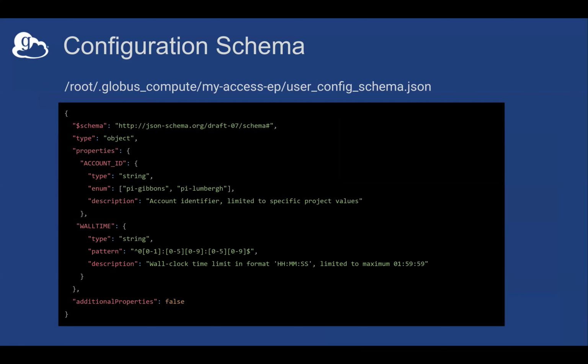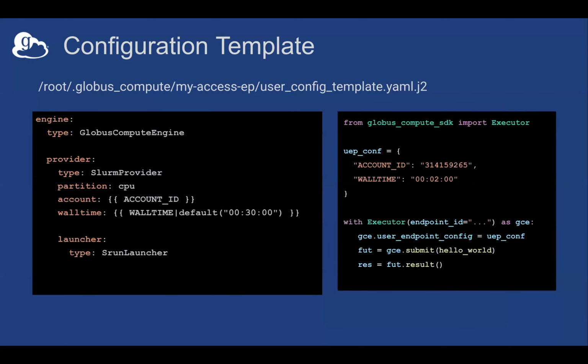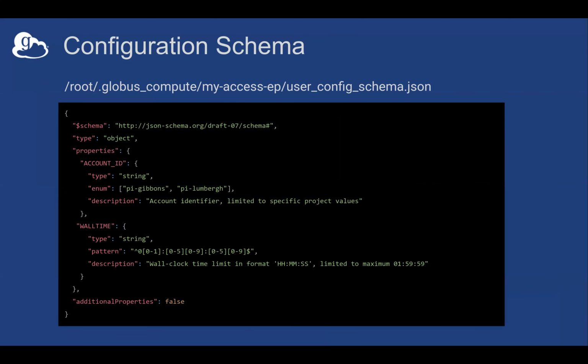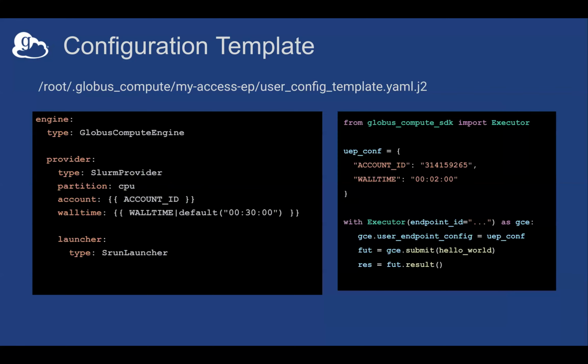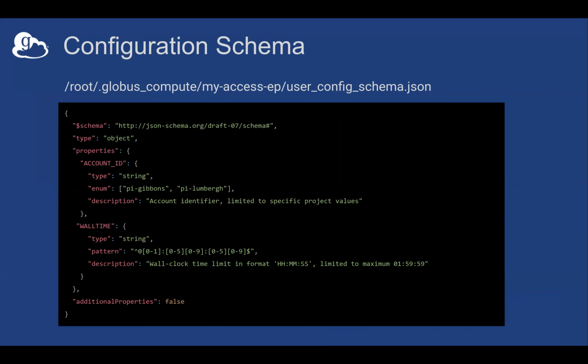And so in this case, as opposed to the number we sent earlier, this schema on the account ID is limiting the account ID in the user endpoint config back to the left there. The account ID must be a string, and it must be one of the two, Pi Gibbons or Pi-Lumberg. If it's not one of those two, this schema will not allow any other account ID specified in the user endpoint config.